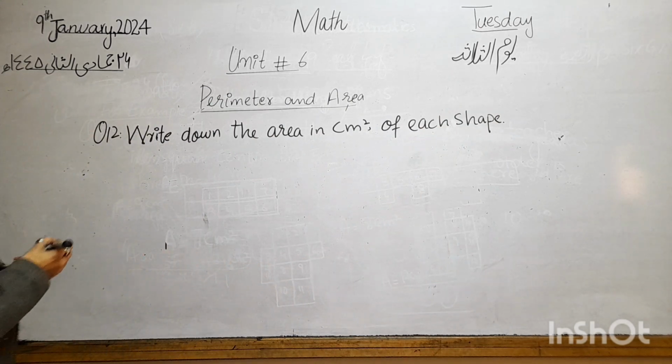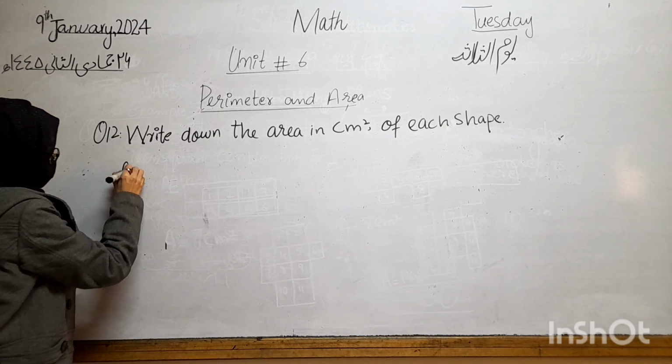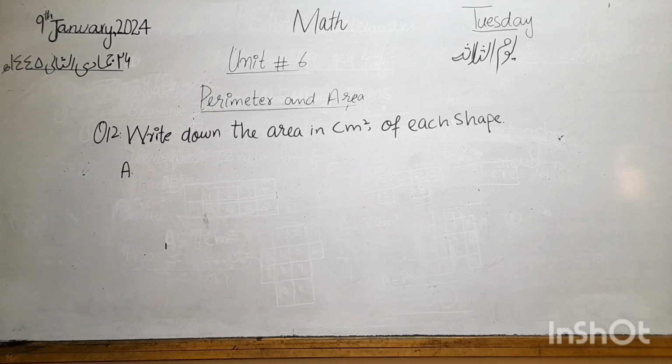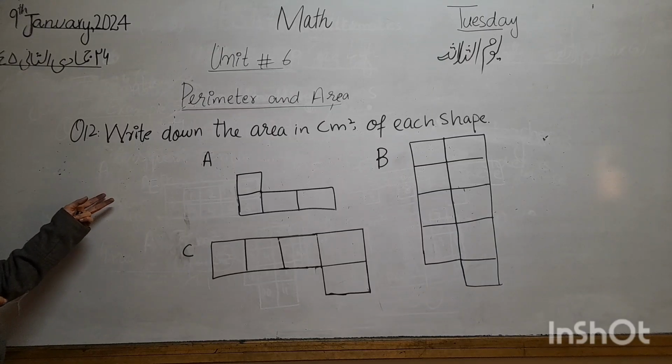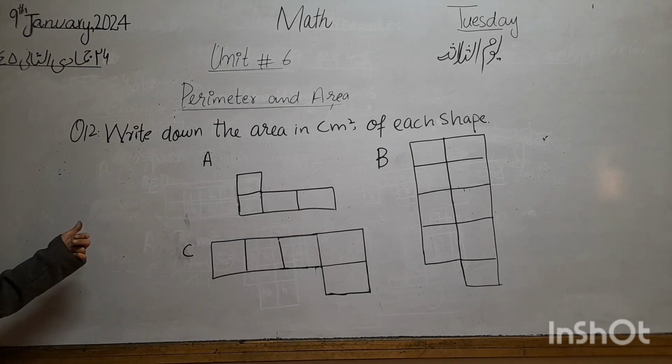Now we have different figures in this. As you can see, we have different grid squares and we have to find the area of these grid squares.